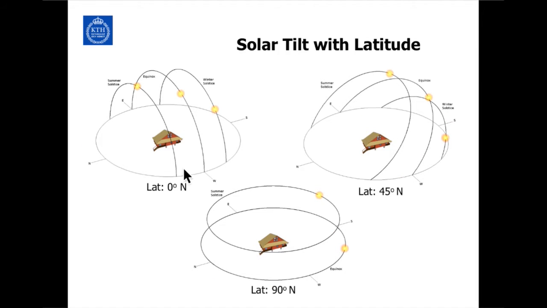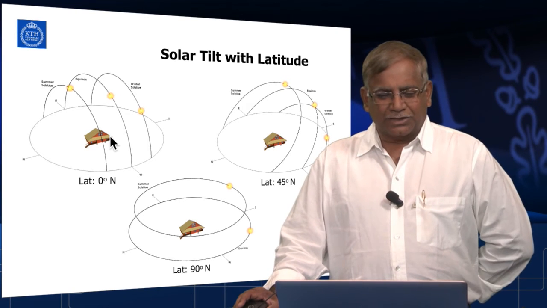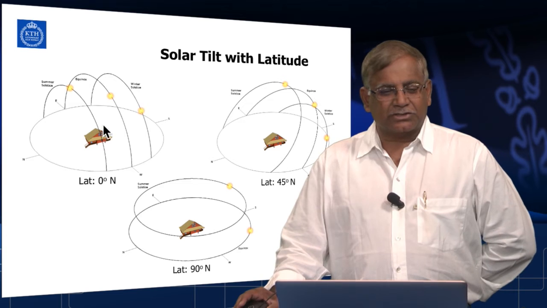Now this is, for example, how the sun moves throughout the year. This is the north and this is the south, and this represents a house. In fact, this is a picture of a house we built at Florida State University to experiment with various energy systems.